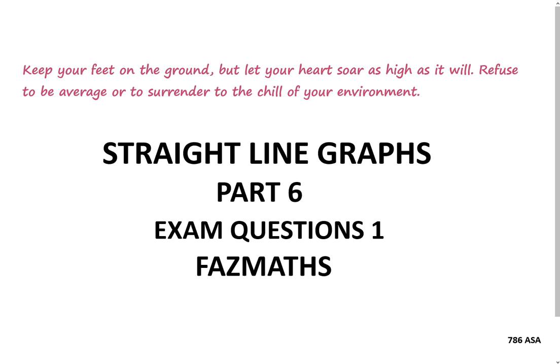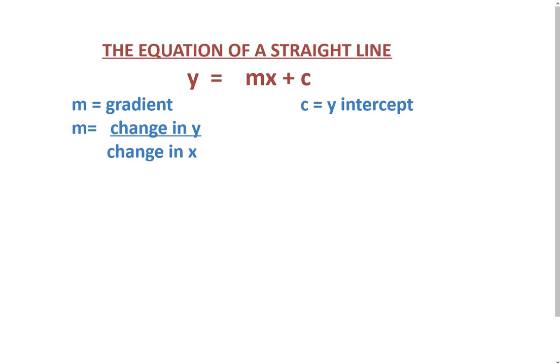Okay, so let's just recap. We now know the equation of a straight line is y equals mx plus c, where m is the gradient, which measures the steepness of the line. The way to calculate the gradient is change in y divided by the change in x.